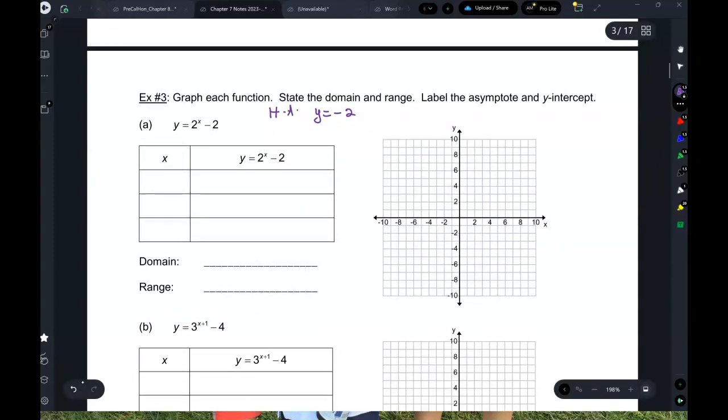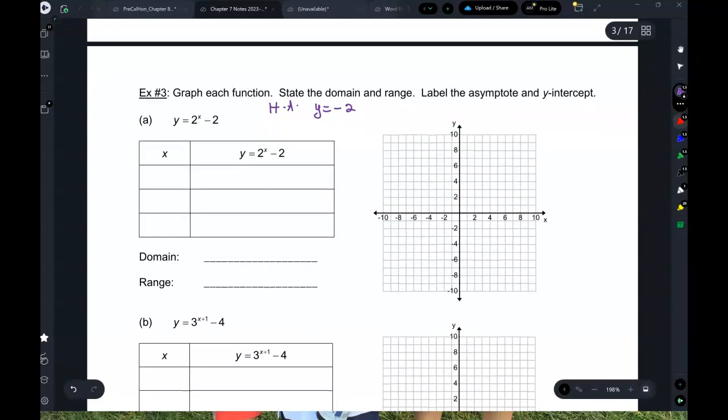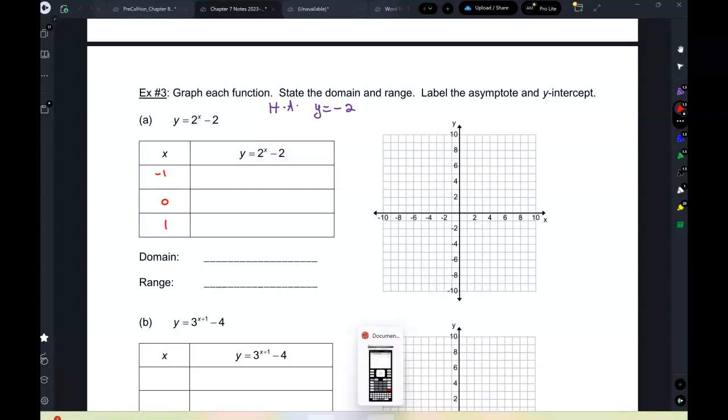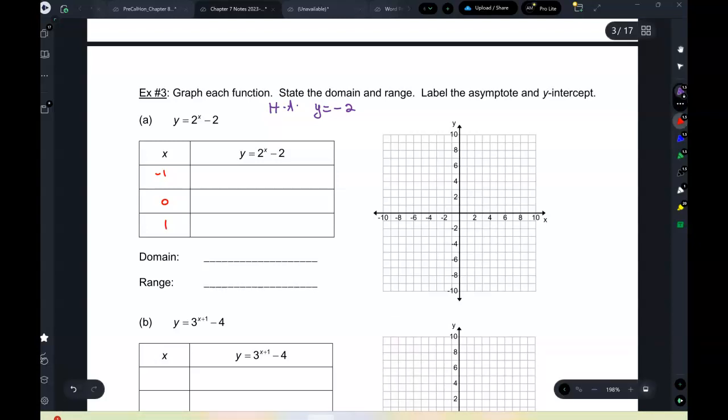Okay, so we have to pick some numbers here. -1, 0, 1. Okay. This time, however, let's put in the asymptote first at -2. That's the horizontal asymptote, H.A.